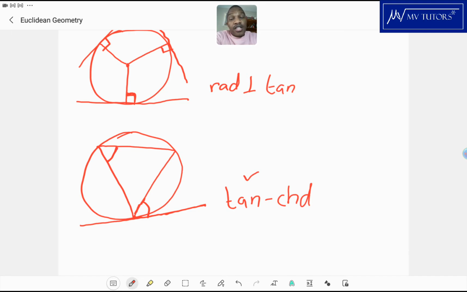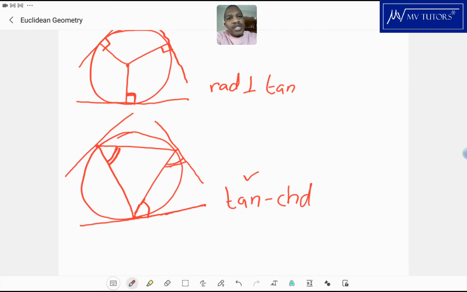Okay, let's do it again. Let's make another example. Let's say our tangent is going to be up here. They touch there. The angle between the tangent and this chord is equal to the angle opposite that chord, which is also there. Now let's do another one. Let's put the tangent over there.